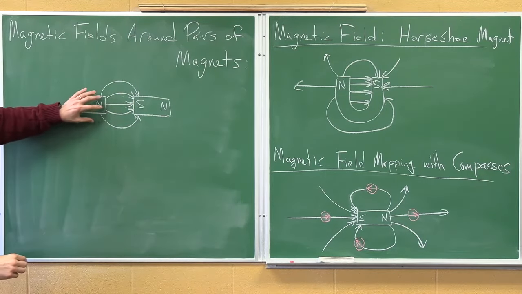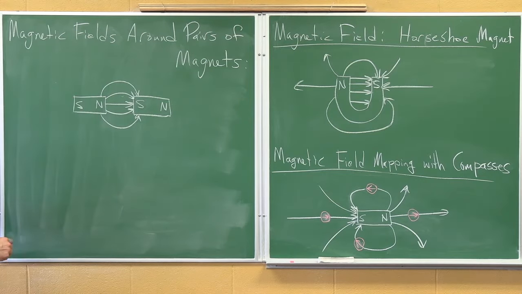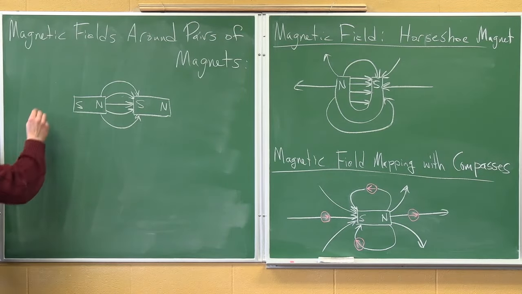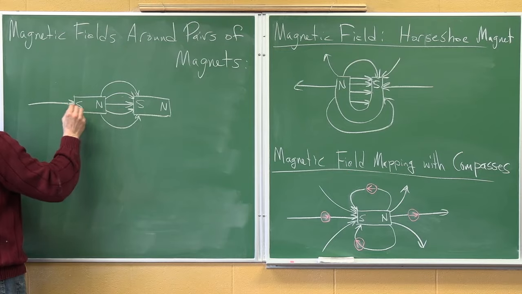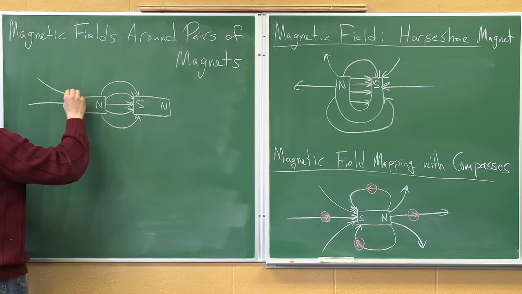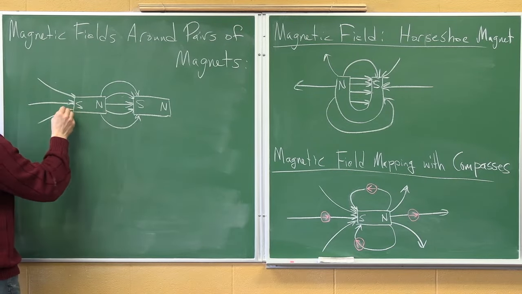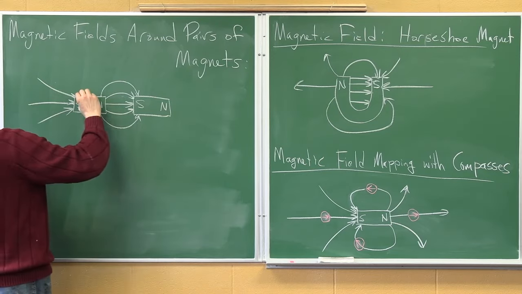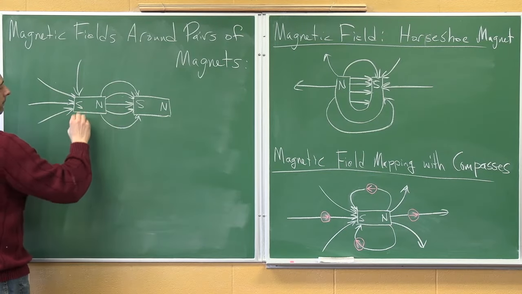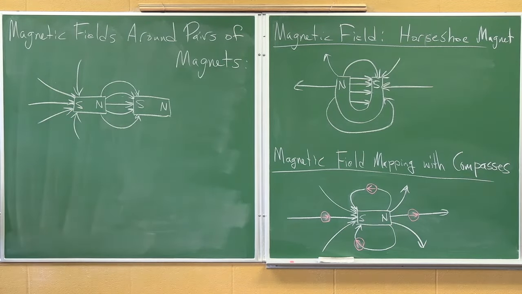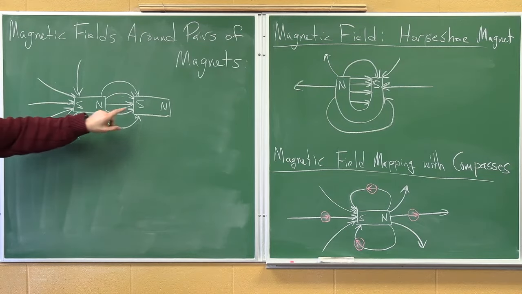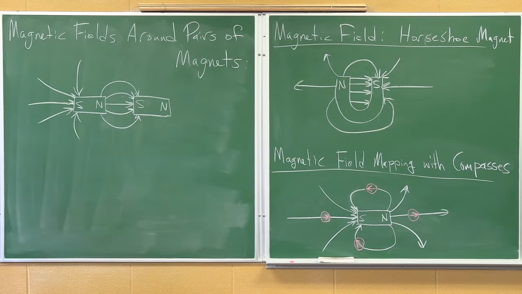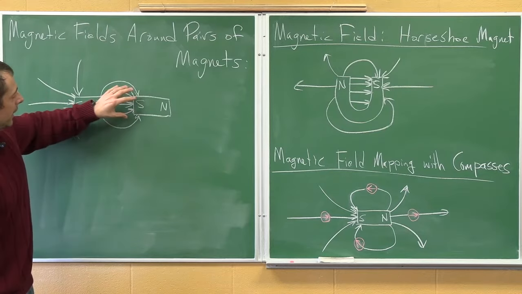And now that I have 5 field lines coming out of this north, I've got to have 5 going into this south pole. So maybe I'll draw some field lines in like this. There's 3. I'm still short. Maybe I'll go like this. There. Now I have 5 and 5. But this magnet also is now lacking 5 lines because I have 5 going into south.